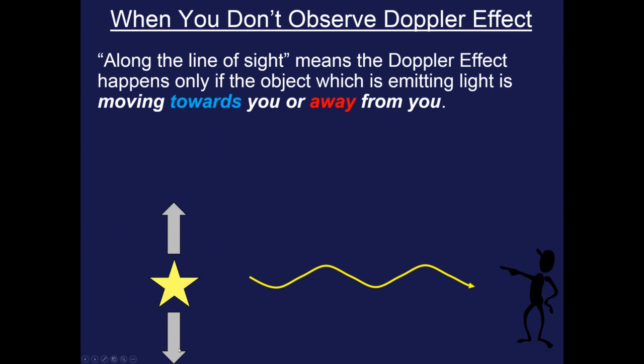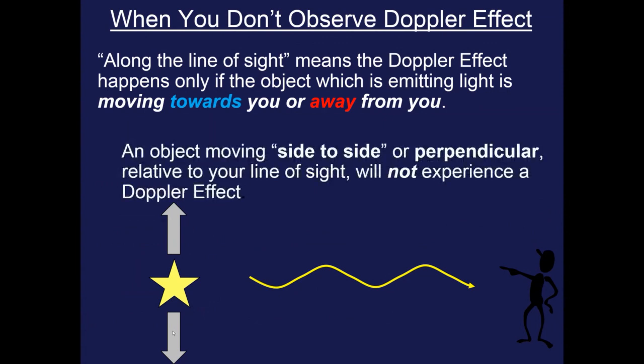No, not at all. So if something is moving perpendicular to our line of sight, there's no Doppler effect at all, and we'll never know that it's not parked. When an object is moving perpendicular to your line of sight, you will not detect a Doppler effect at all. And you can draw the wrong conclusion from this. You could say, oh, I guess it's not moving. And you're wrong.